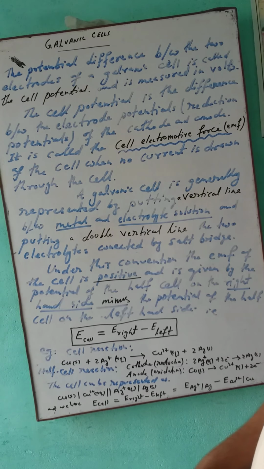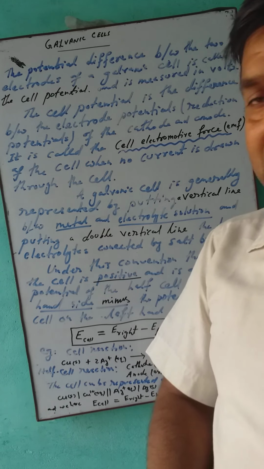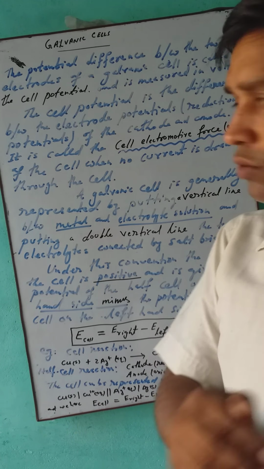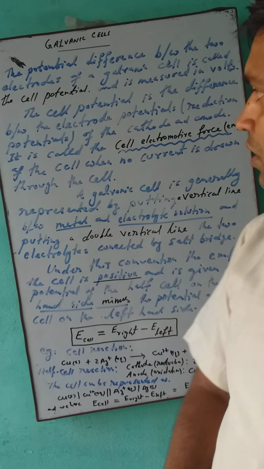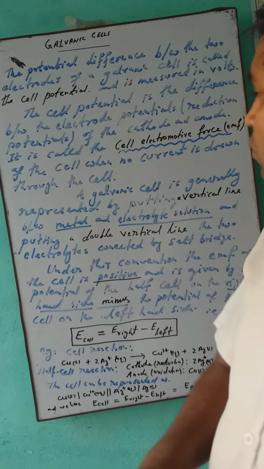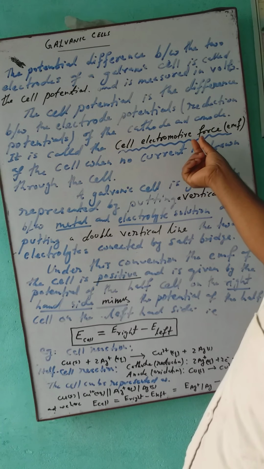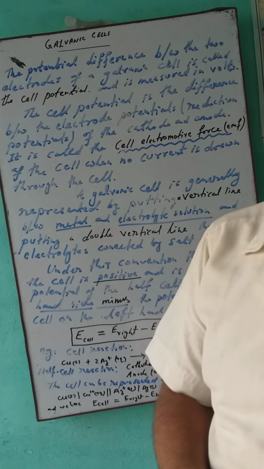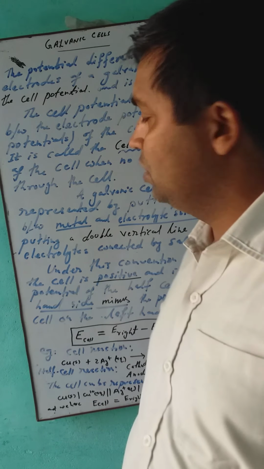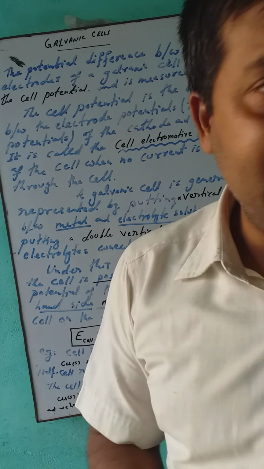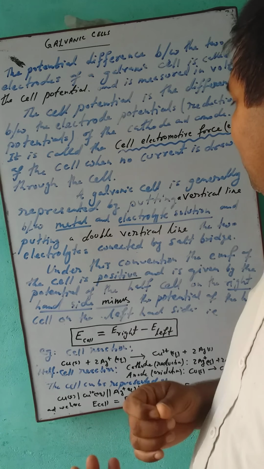This is very important for the cell when no current is drawn through the cell. If no current is being drawn through the cell, then we can say that it is the EMF.